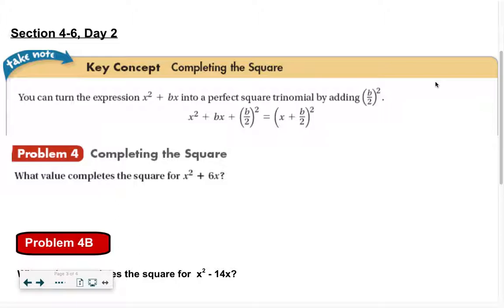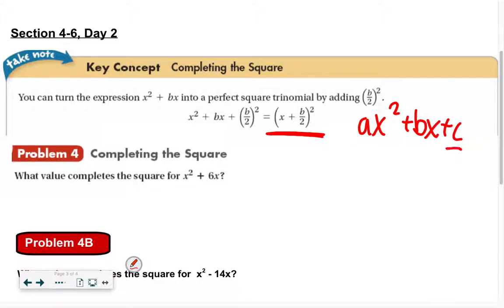What we're going to do today is when we have expressions that don't have a constant at the end, we have to add in our own constant so we can make a nice, pretty, perfect square. To determine what that number is, remember we have ax squared plus bx plus c, that's standard form.